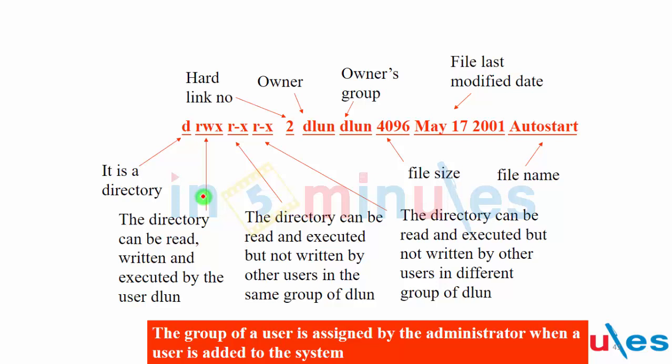The directory can read, write, and execute, that is R, W, and X. X stands for executable. Further, the directory can be read and executed, but not written by another user. The next RX: the directory can be read and executed but not written by other users in the group. So first is for the user, second is for other users in the group, and then the remaining would be other groups.